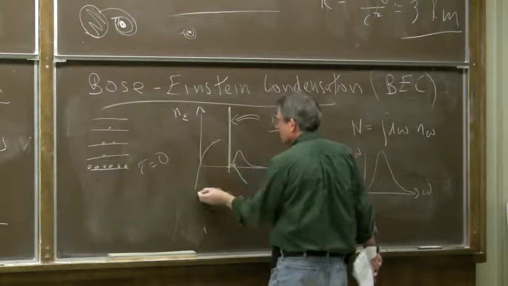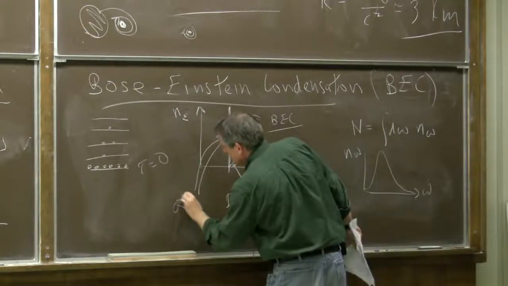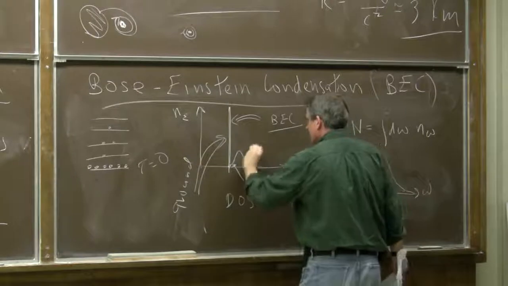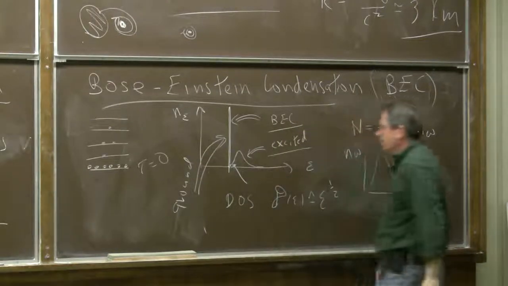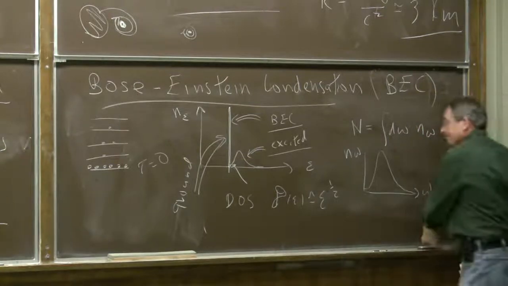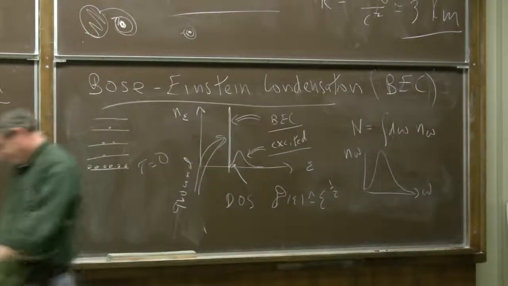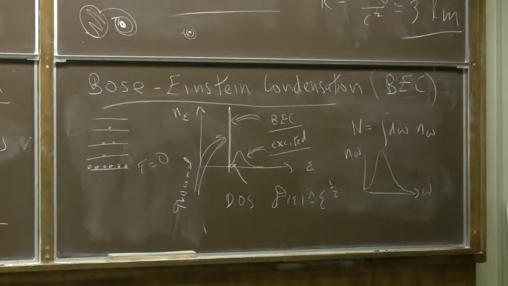All these guys are in the ground orbital, and these are the particles in the excited orbitals, not in the lowest energy one. So what we'd like to do is to compute how the fraction of all the particles that's in the ground orbital behaves as a function of temperature.